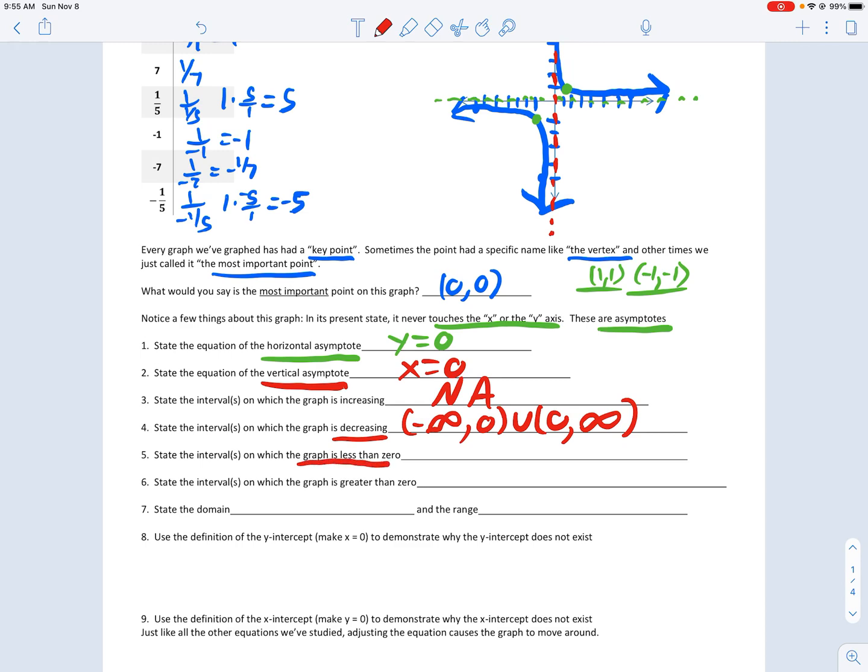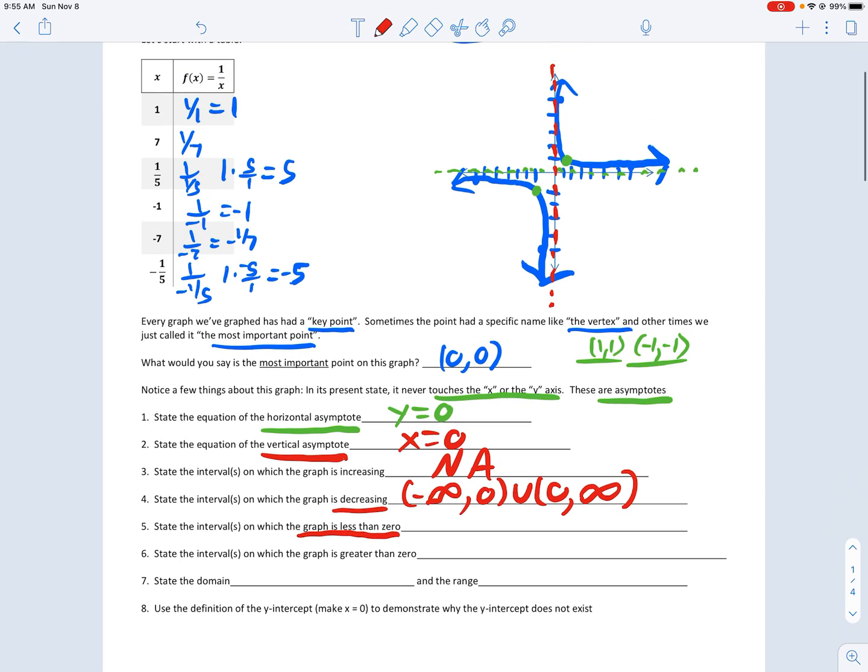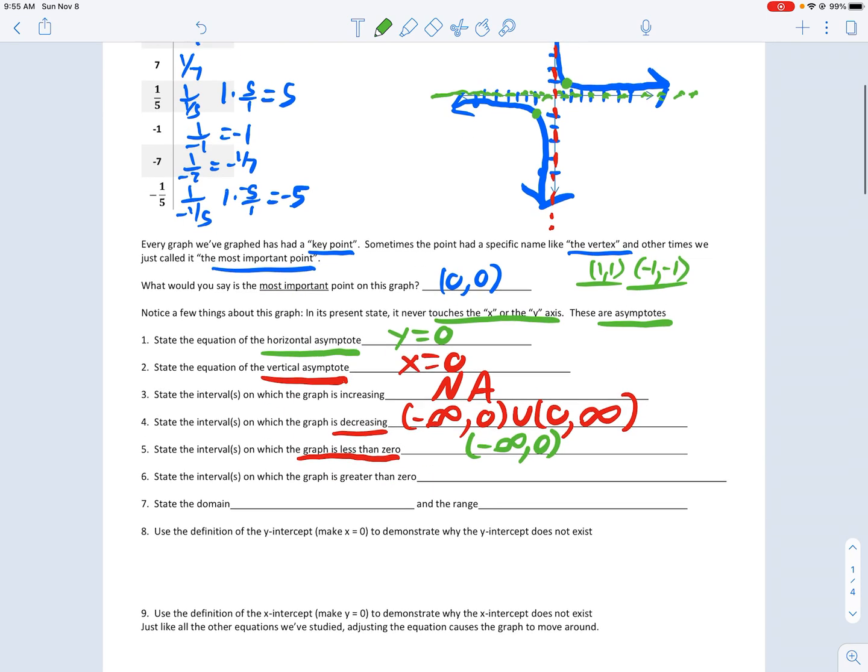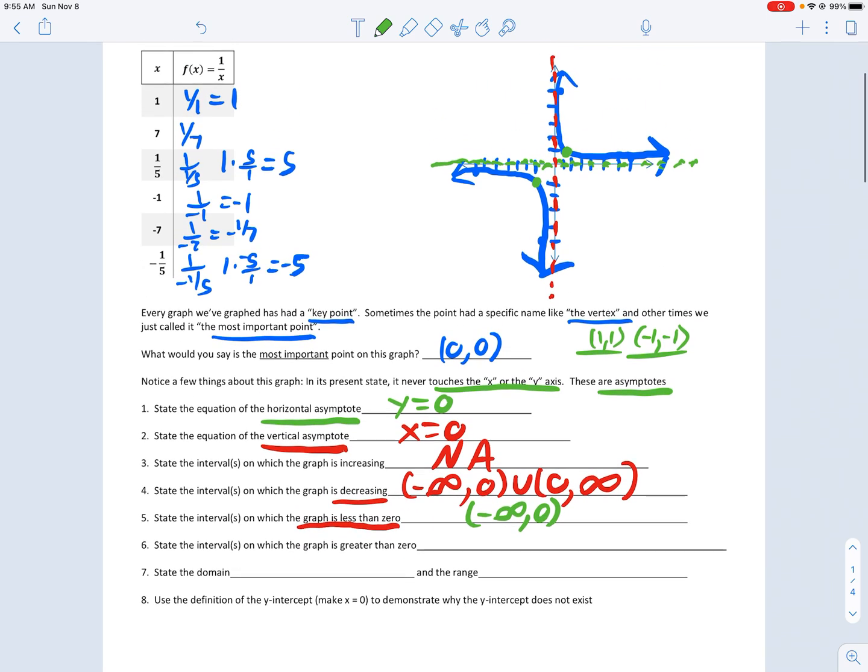Where is the graph less than 0? So for us, 0 again would be the green dashed line. So it's less than 0 from -infinity to 0. Where is it greater than 0? So where is it above the green line? Well, that would be from 0 to infinity.